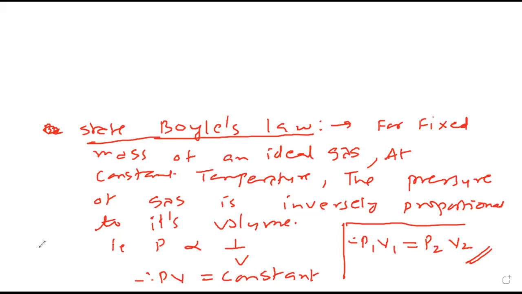So time period of the satellite is directly proportional to what? Time period T is directly proportional to R raised to 3 by 2. See, T square is proportional to R cube.